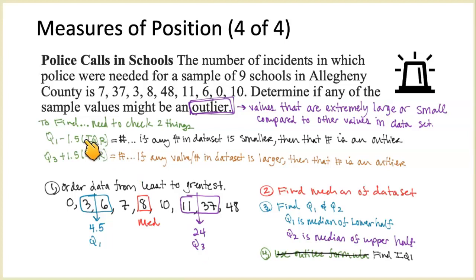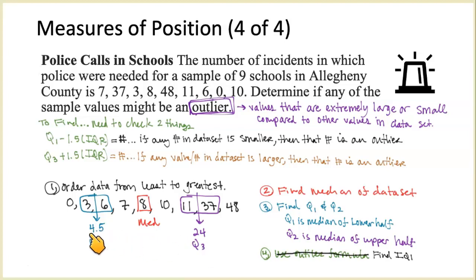Inter kind of means in between. Quartiles are the Q1 and the Q3, and we know that a range is a measure of spread, or a difference between values. So the interquartile range is the difference between the third quartile and the first quartile. It measures the spread between these two values.